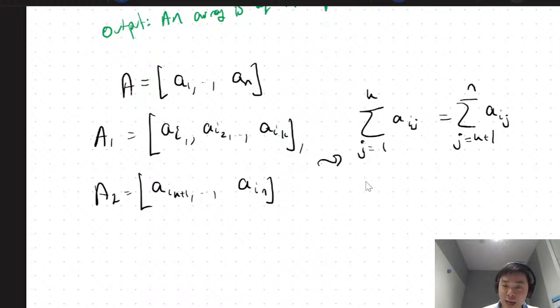Do we know the actual sum here then? If I know that these two sum to the same thing, then do we know this number here?